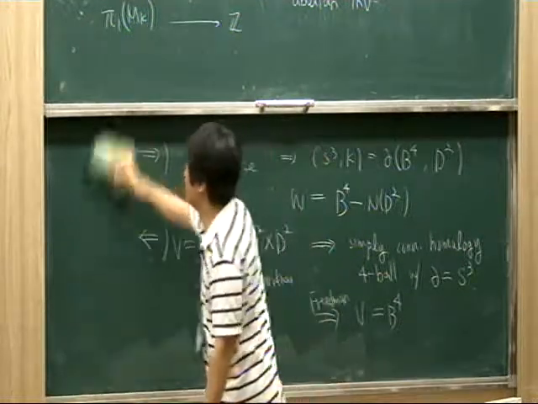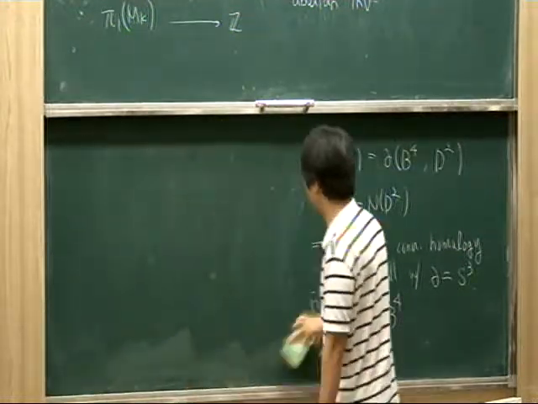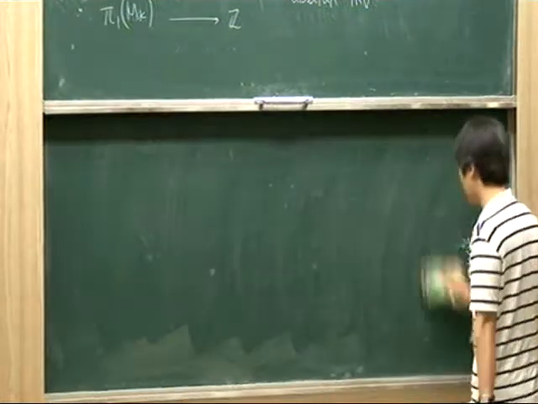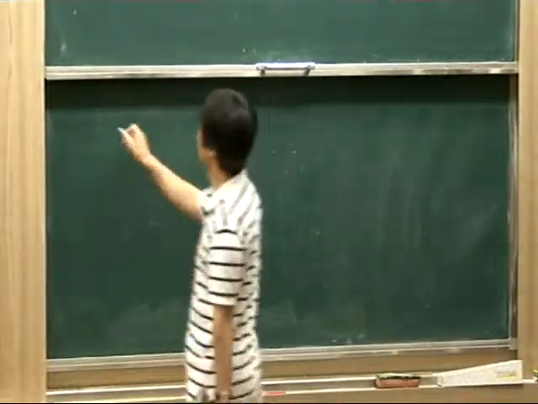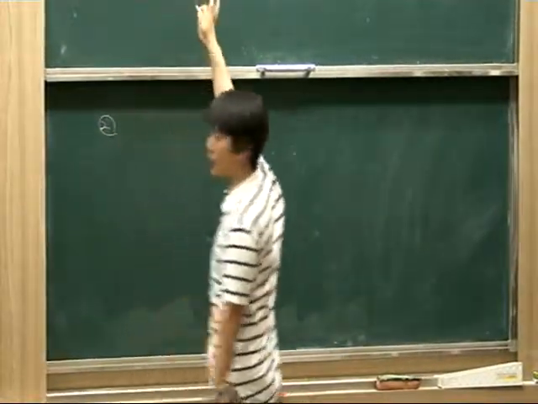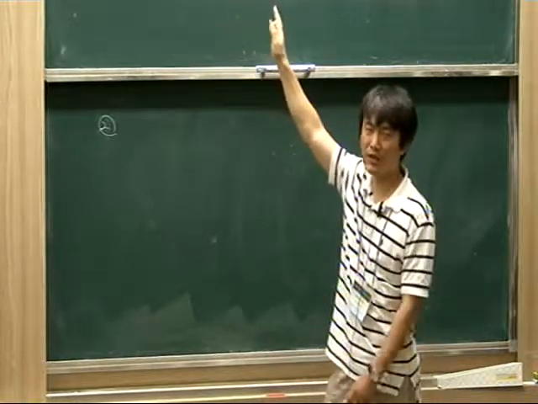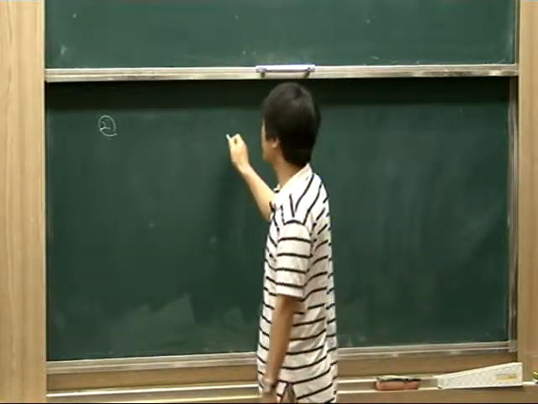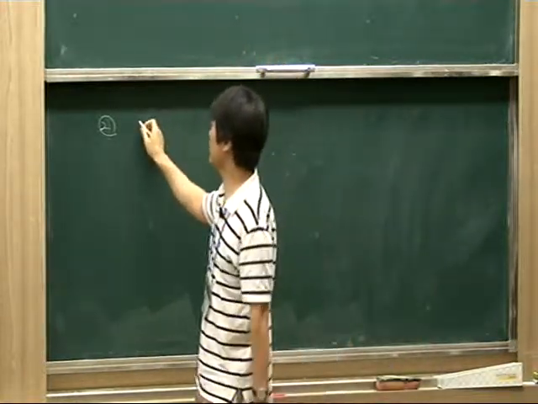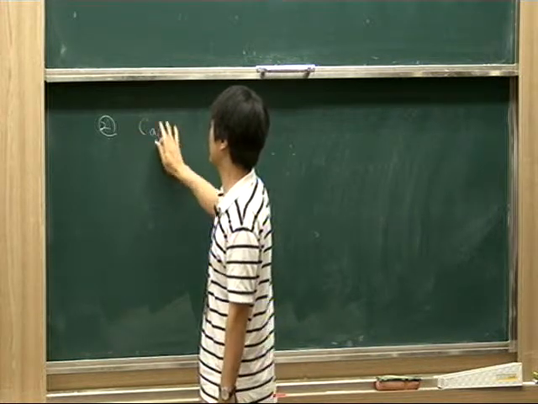And the second concordance invariant is, this is a true story, in the 1960s, and in 75, Casson and Gordon found Casson-Gordon invariants.